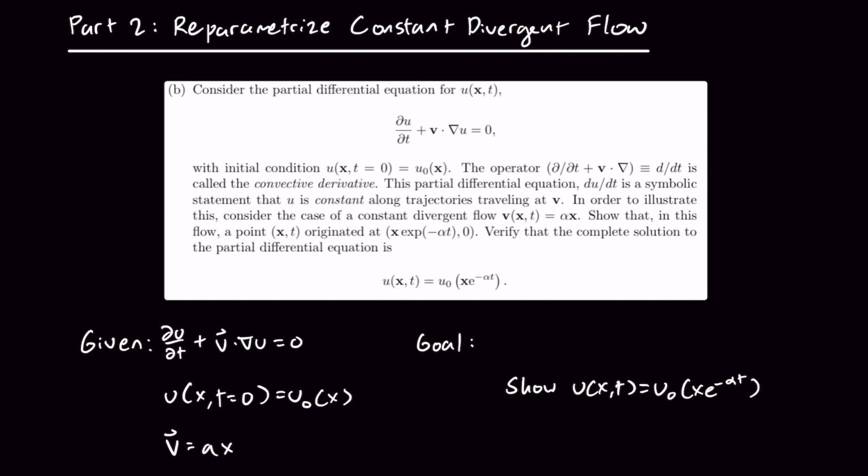So what does this mean? The question here says, consider the partial differential equation, of course the continuity equation again, with an initial condition u of x at t equals 0. This is what we're trying to look for: not just the initial condition, but what u is based off of the initial condition at t equals 0.